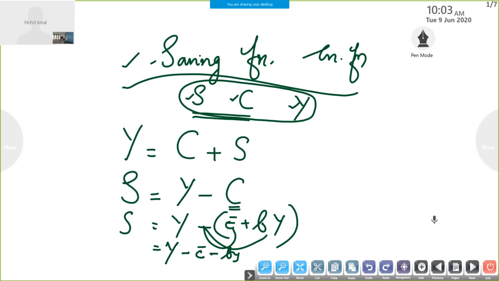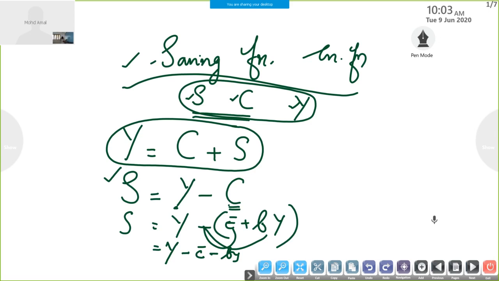By using all these three concepts, we can take the formula Y is equal to C plus S. We have to derive the saving function, that is why we modify the formula: S is equal to Y minus C. Then what is the next step?